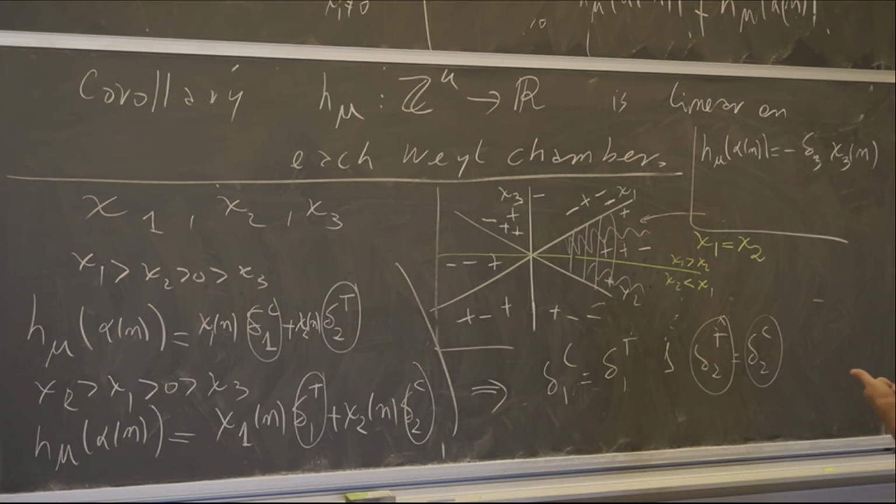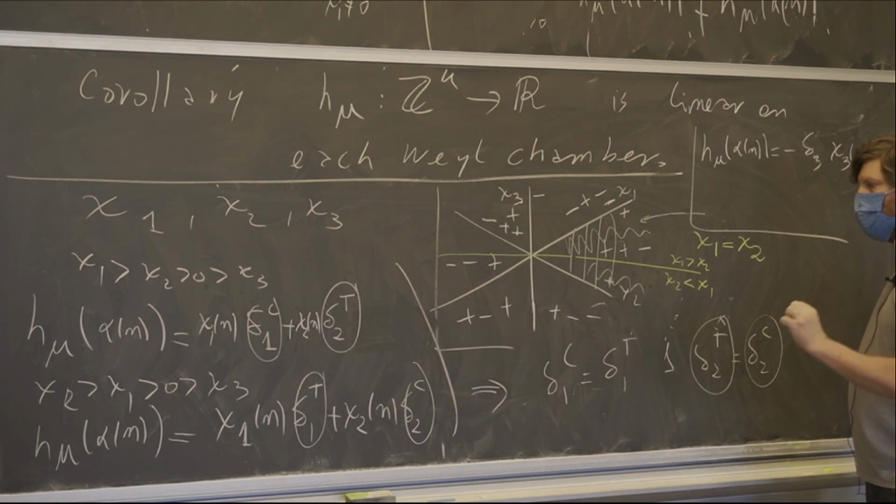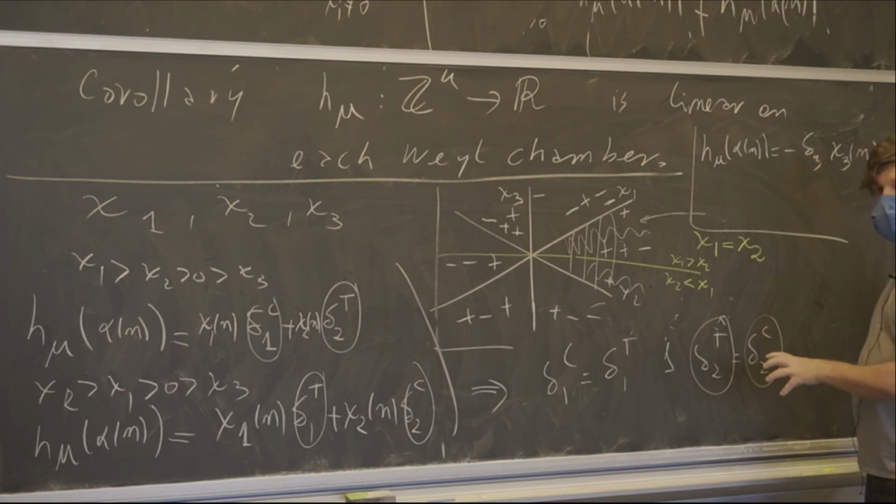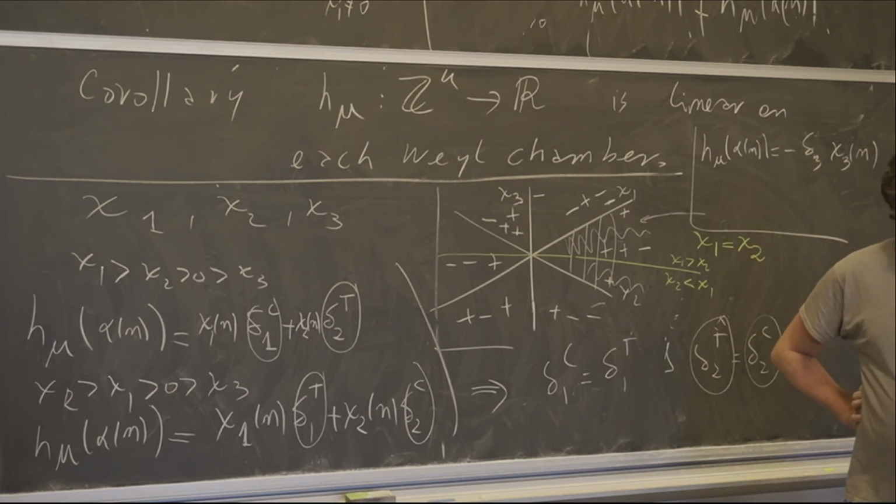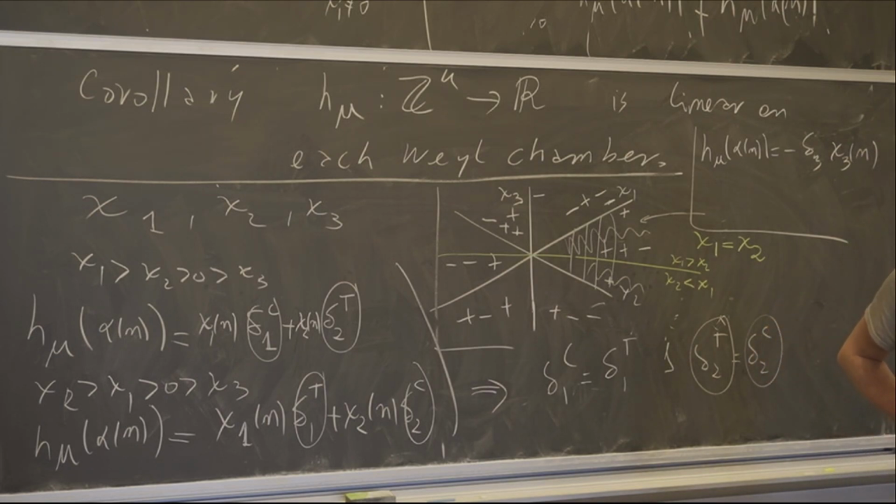So this is the fact that the entropy has two contributions. One is geometry, which is given by the delta i's, and the other is expansion, which is where the dynamics take place. And the geometry is the same no matter which alpha n you are picking. And this is where commutativity is so important.